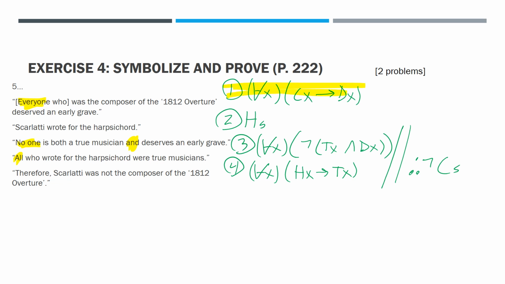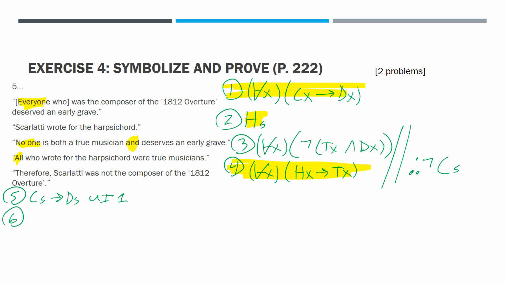We have line 1. We have line 4. That's a good one to instantiate because we have this HS there, and then we can do some modus ponens inference eventually. So let's first just instantiate the line 1. So for 5, we can get CS arrow DS by universal instantiation of line 1.